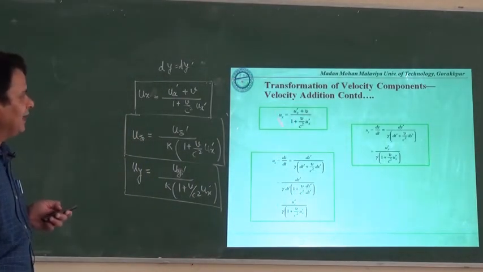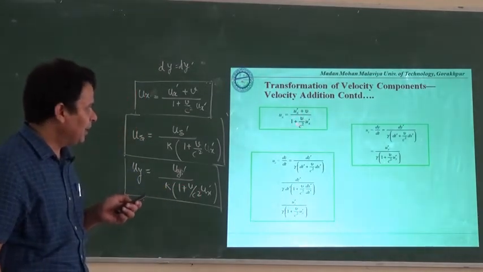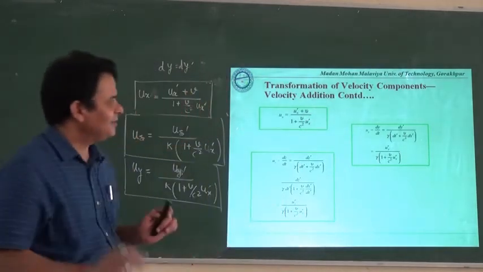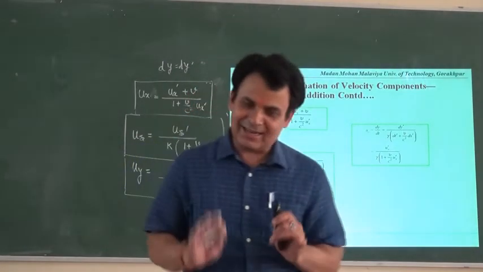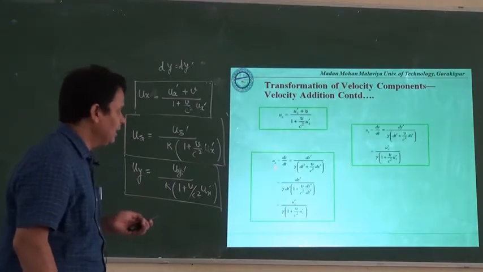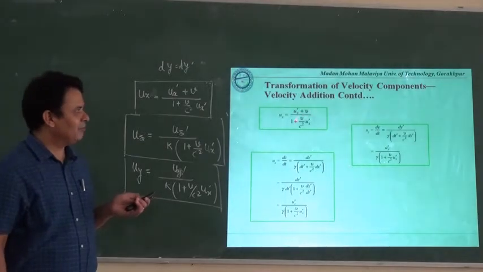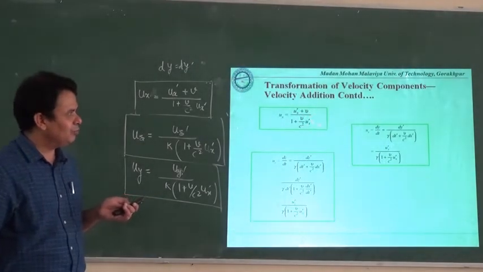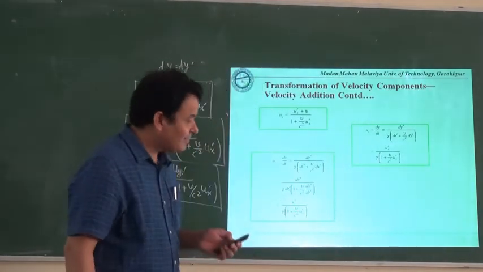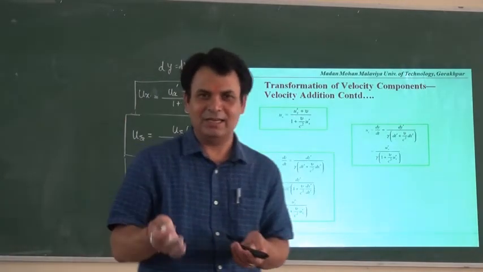They used to derive this expression first, that ux is equal to ux dash plus v upon 1 plus v upon c square into ux dash, and then they don't take care of the other transformation equations, but write directly, similarly, ui is equal to ui dash plus v upon 1 plus v upon c square into ui dash, and their answer becomes wrong because this x direction is entirely different from y as well as z.